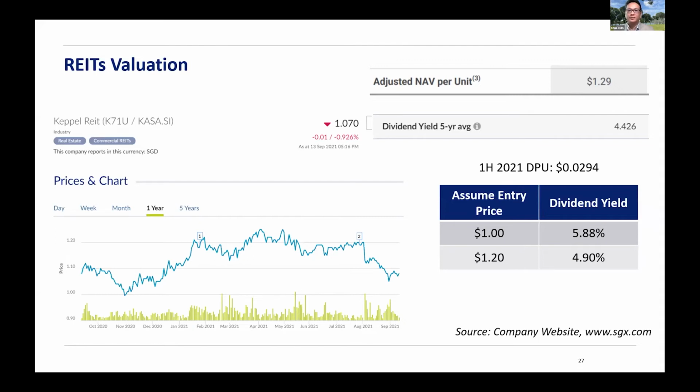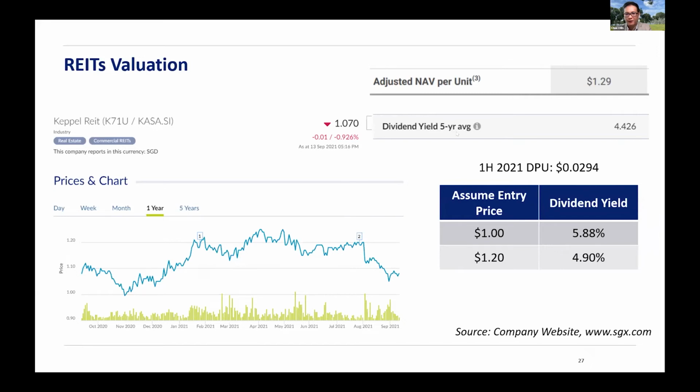Or, as per another popular way of comparing, you can compare book value. Personally, I'm not a fan of using this method, but I know it's widely accepted. The book value now is 1.29, and we are looking at about $1.07. So is the price undervalued? You make your own decision.